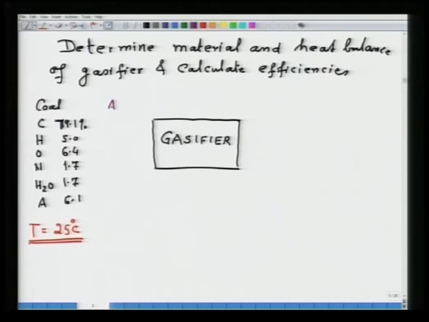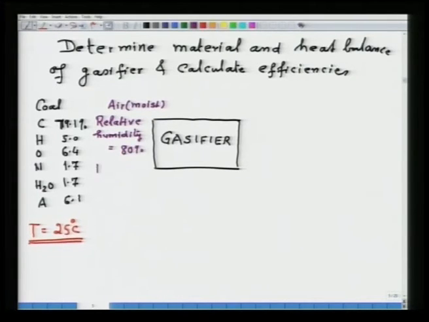Now, air is moist air, it has relative humidity equal to 80%.